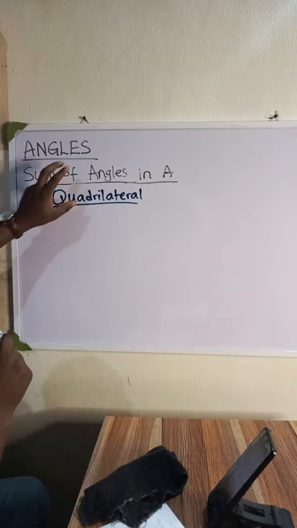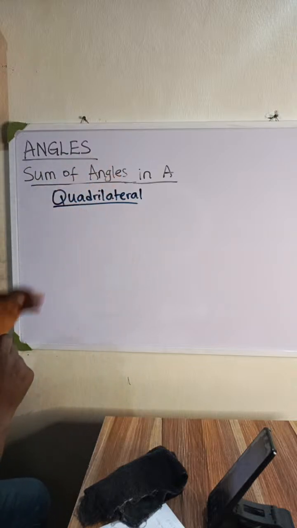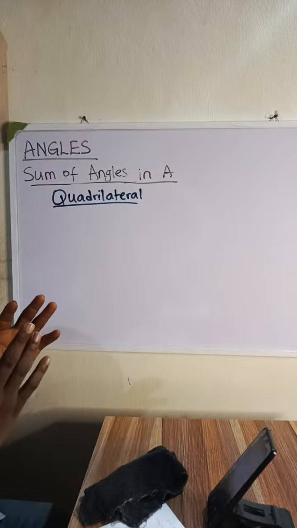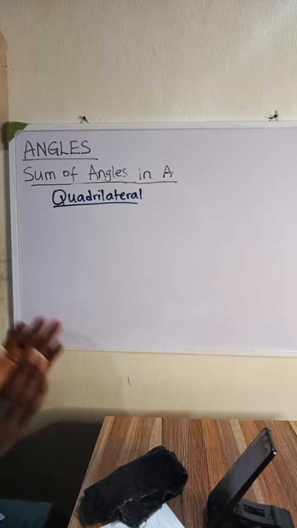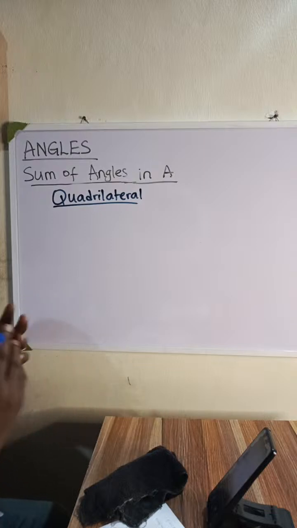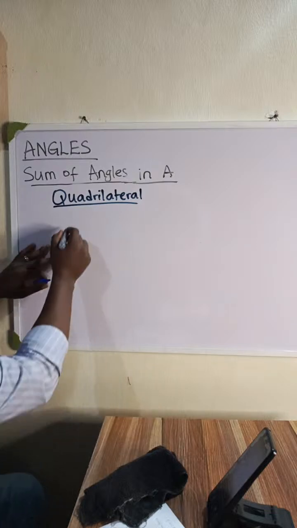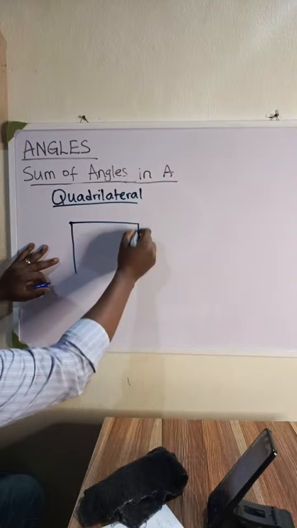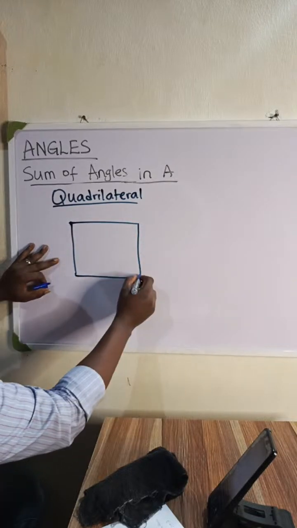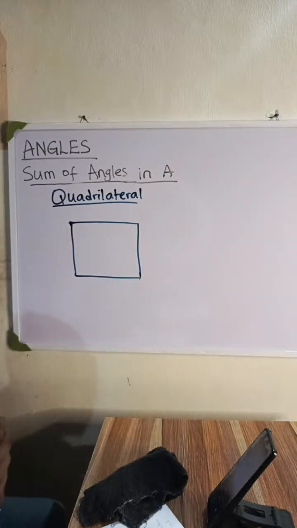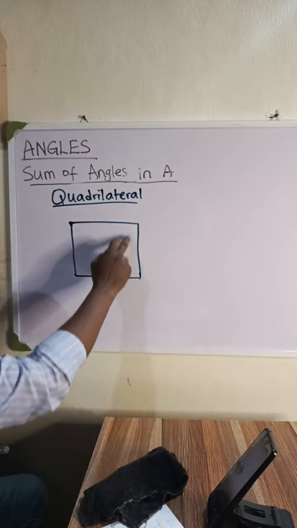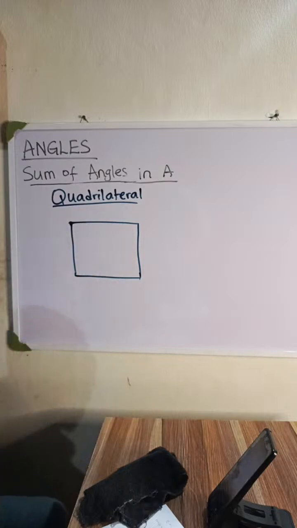Now we are looking at sum of angles in a quadrilateral. As I said earlier, a square or a rectangle is an example of a quadrilateral. So let's use a square as an example. If you have a square like this, sorry, my drawing might not be perfect. We want to see, when you add these 4 angles, what are you going to get?